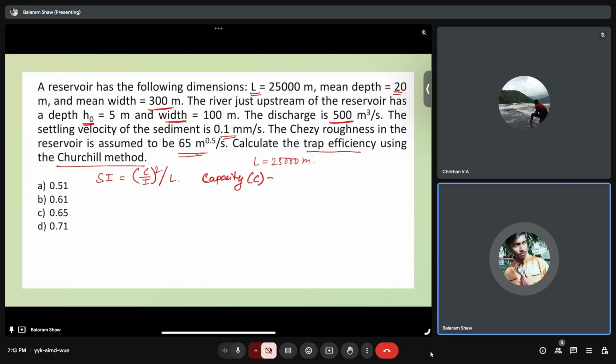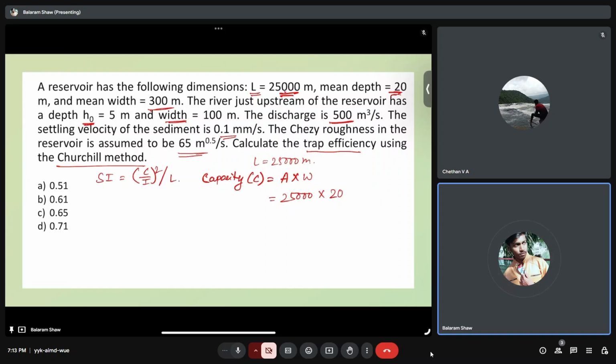Capacity C equals to, C is the volume, will be total area into the mean width, correct? So the total area is how much? Length we have this, mean depth is this. So on an average it will be like 25,000 into 20, which is the mean depth, right?